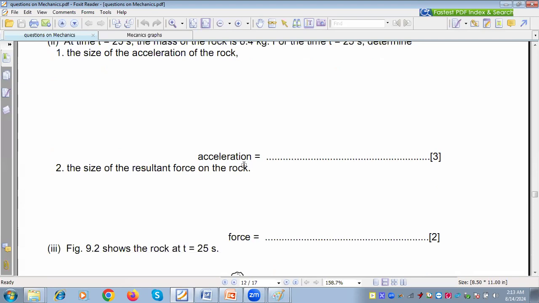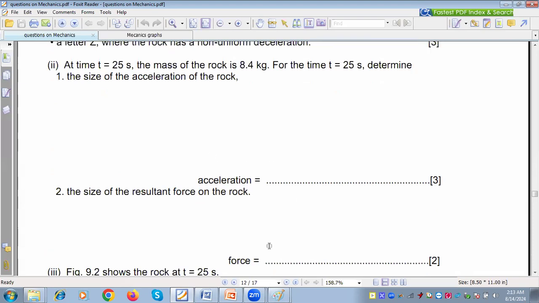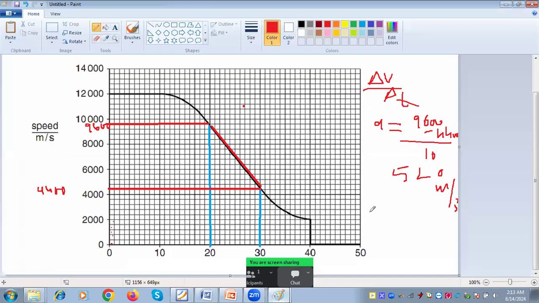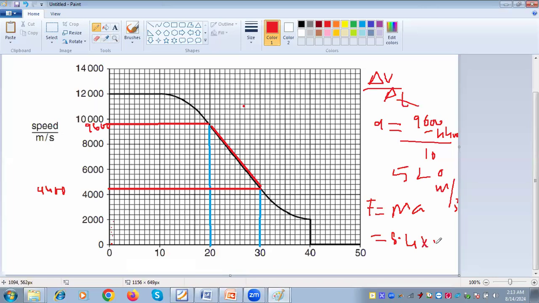The resultant force acting, F, is equal to ma. 8.4 is the mass, times 520.